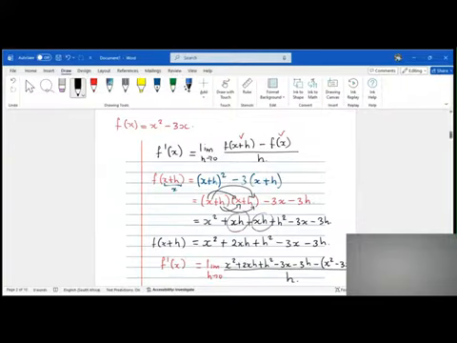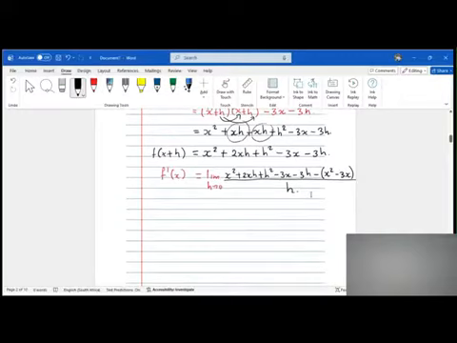Now we have to play it safe. We have to work out the brackets first, and we should see cancellation.